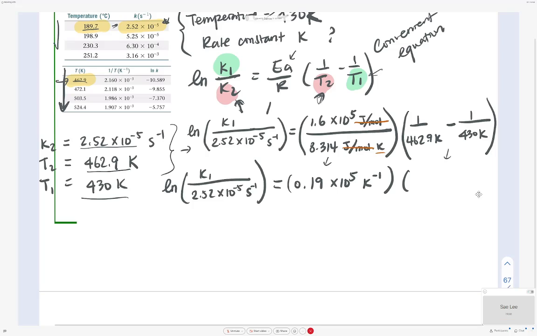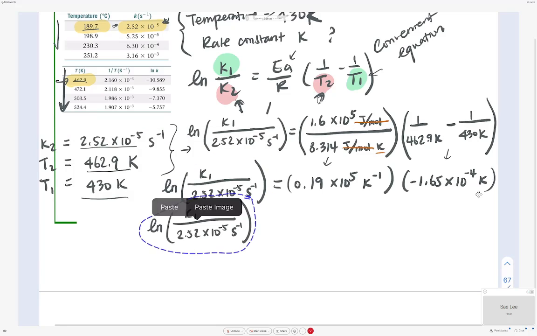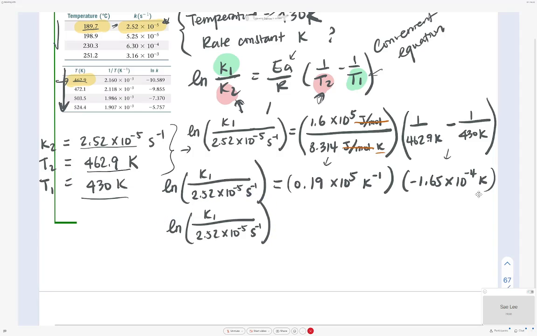If you do this portion of the math, you have negative 1.65 times 10 to the negative 4 Kelvin. So this will equal negative 0.318 times 10.